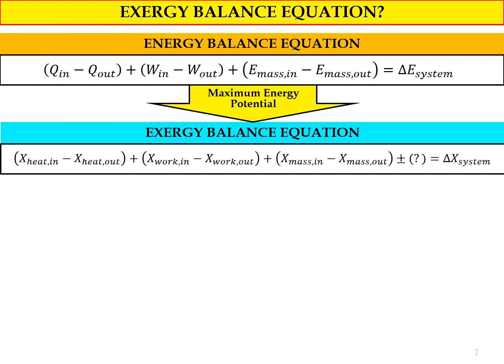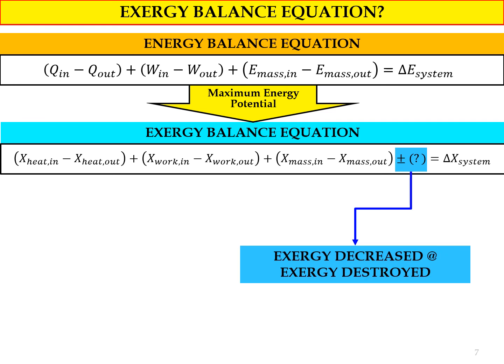We have exergy from heat, from work, and also from mass, and we have the plus or minus in the bracket with the question mark. It is equal to the exergy change. So this plus or minus question mark is the exergy decrease or exergy destroyed, and it is put as X destroyed, the symbol. So please keep this in mind. This is the exergy balance equation regardless of the system.